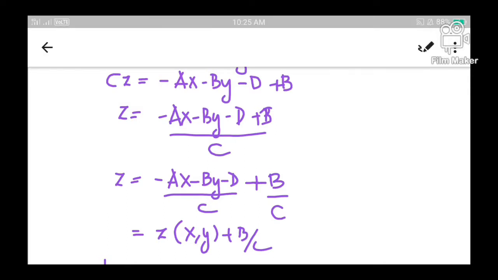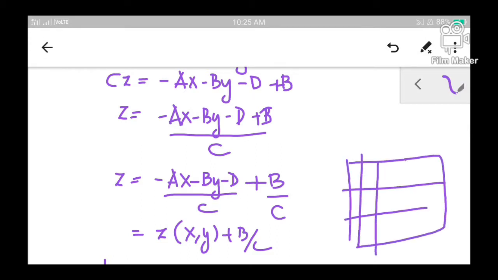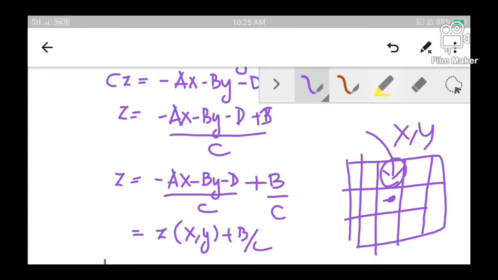That means if we are having a screen with a number of rows and columns and we know the depth value at position xy, then the depth of the position just below it, which means it is in the same column but a row below it, can be computed as depth at the previous position plus b by c. Okay, so we got two techniques. What are they?